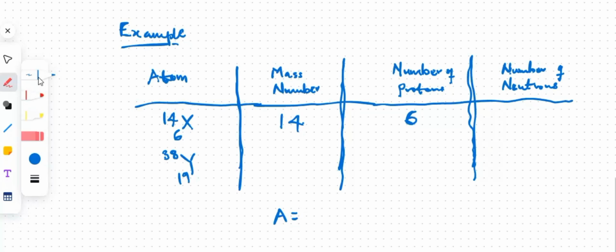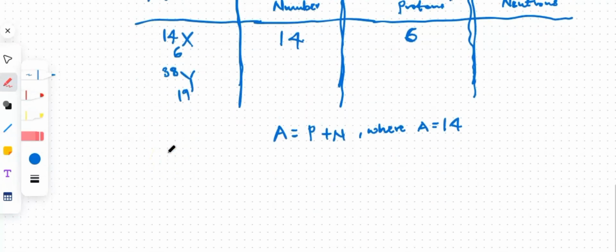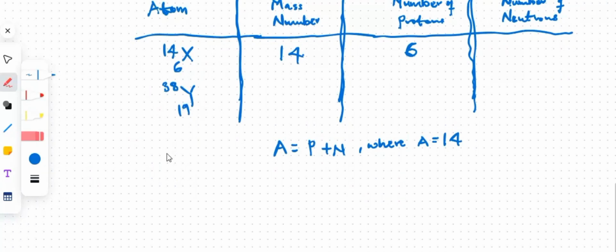So we say A equals number of protons P plus number of neutrons N. For that first one, we already know our A is 14. That's our mass number. Then what is our P? We already know that our number of protons is 6. So now we are looking for our N, the number of neutrons.